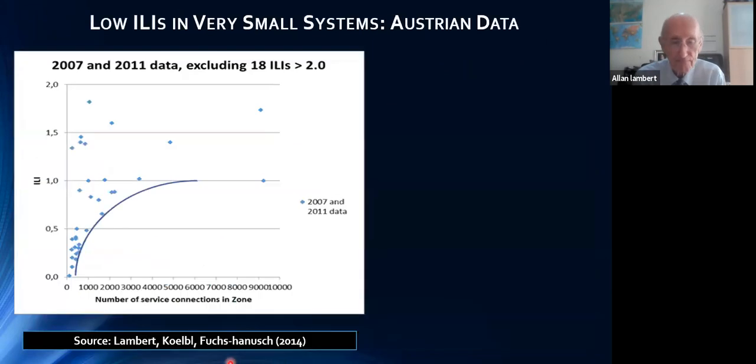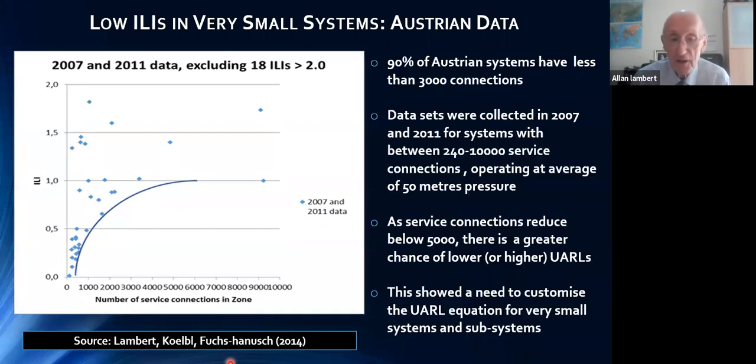Next, please, Kate. Some countries have a few large systems and numerous small systems. USA, Germany, Austria, and many others. In Austria, 90% of systems have less than 3,000 service connections. And this is a very high quality data set for systems with 240 to 10,000 services, kindly provided by OBGW.